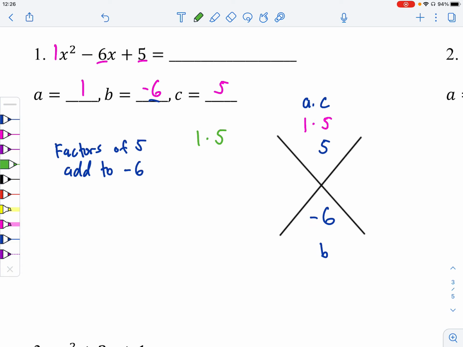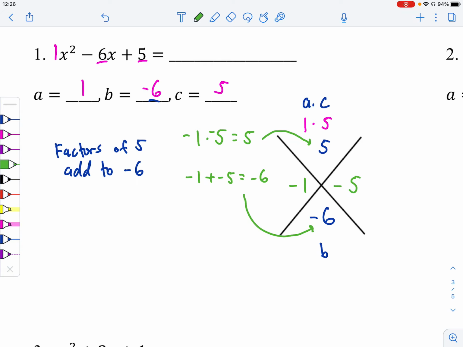That adds to +6. Could we just flip our signs? Yeah, -1 times -5 does equal positive 5. That gives us this number. And then negative 1 plus negative 5 equals negative 6. So that gives us our bottom number. So those are our two factors right there, negative 1 and negative 5.